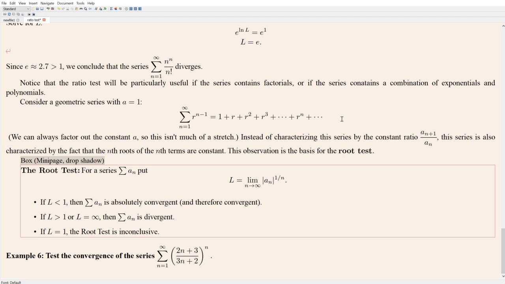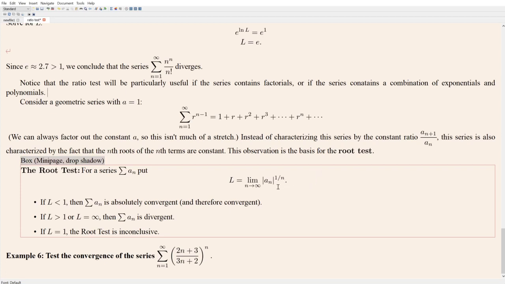So that means that a given series is going to be eventually geometric if the nth root of the nth term is eventually constant. That is the basis for the root test.